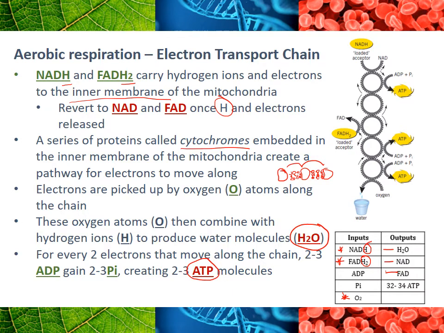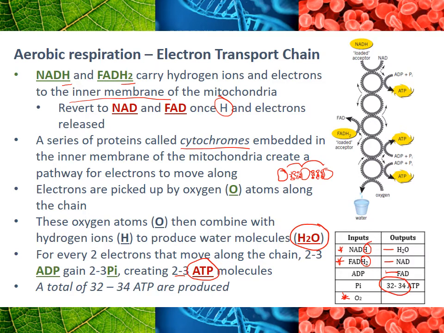And this number here, between 2 and 3, is where the variation in the equation for the total number of ATP comes from. So in total, during the electron transport chain, we get 32 to 34 ATP made. Okay, you do need to know that.